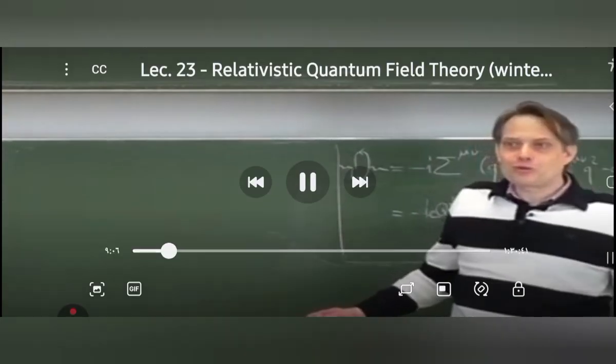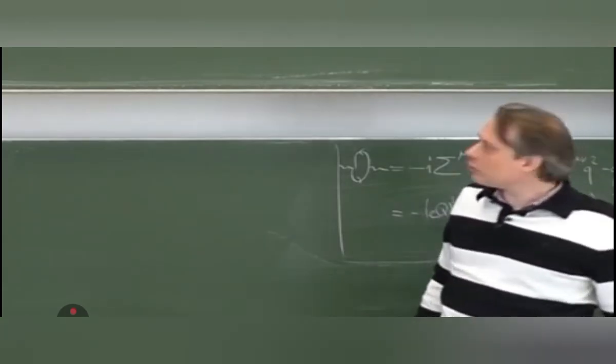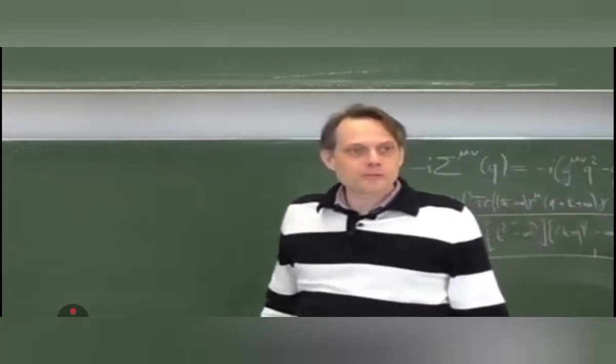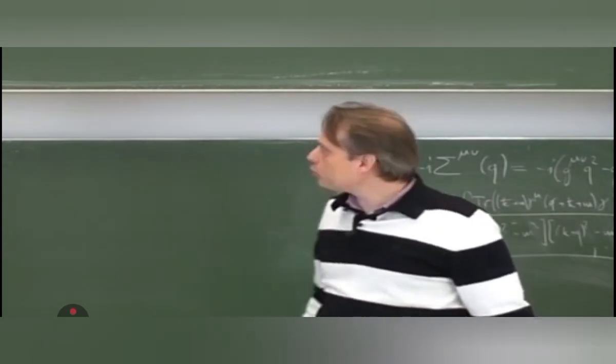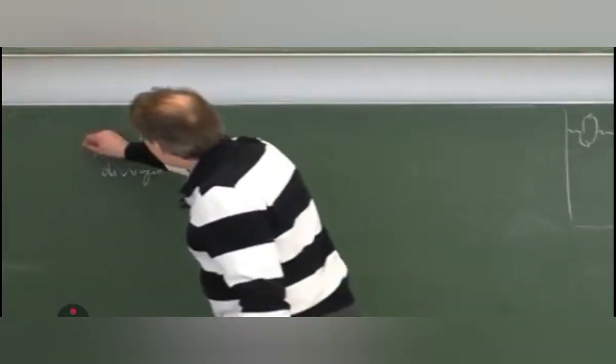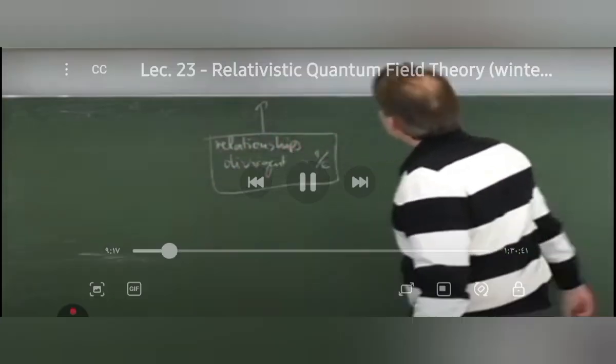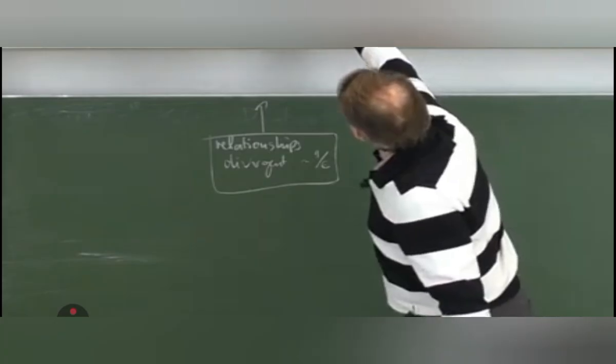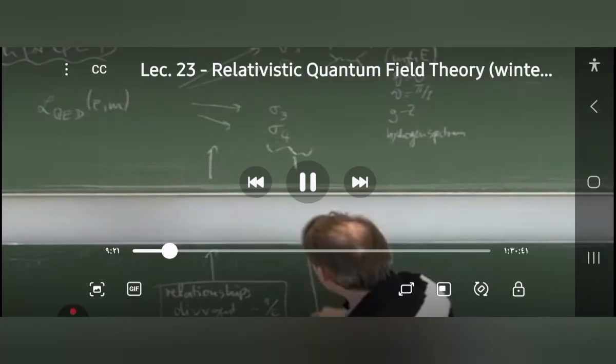And now, of course, historically, and maybe even now, you might think this is a disaster because it means that our predictions are meaningless, our predictions are infinite. But there is a very simple solution. You can simply say, actually, we know for sure that those here, those are observables.